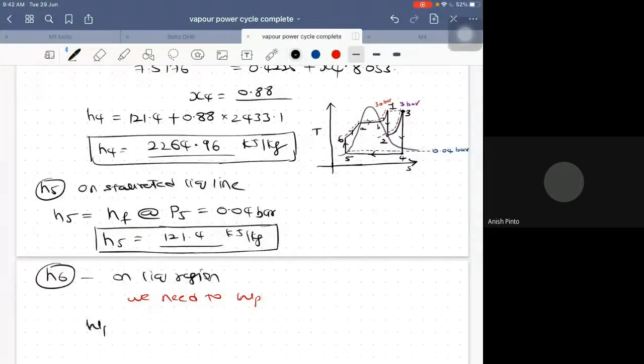WP is given by, so it is 5 to 6, right? W5 to 6 is given either by H5 minus H6, or by V5 into initial minus final, that is P5 minus P6.